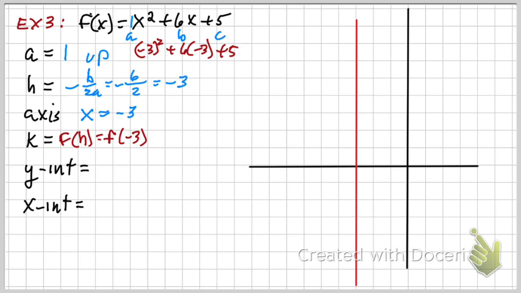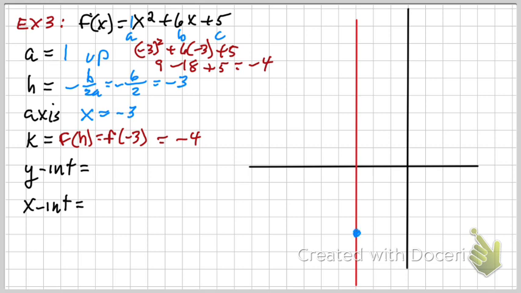So I've got 9 minus 18 plus 5. So 9 and 5 is 14 minus 18, so negative 4. So my vertex is at negative 3, negative 4. Which is going to put it right there.